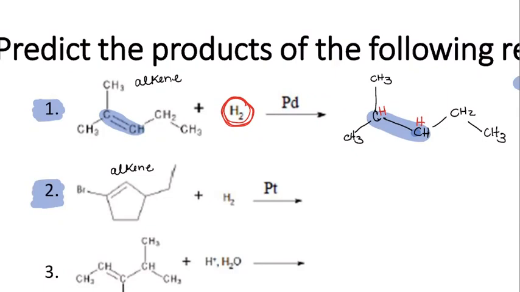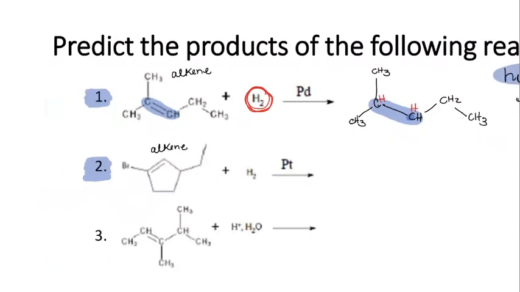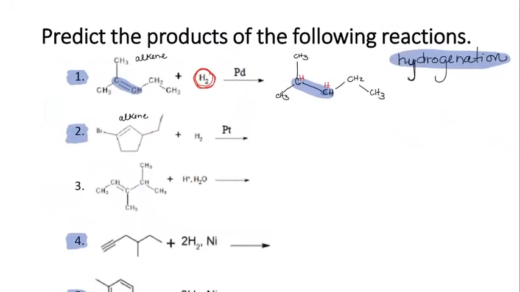So as you can see, the product of this reaction, if I rewrite it, this little squiggly line is my symbol for rewriting, looks like this: a CH3 bonded to a CH, bonded to a CH3, bonded to a CH2, bonded to a CH2, bonded to a CH3, and now you can see that we formed an alkane.